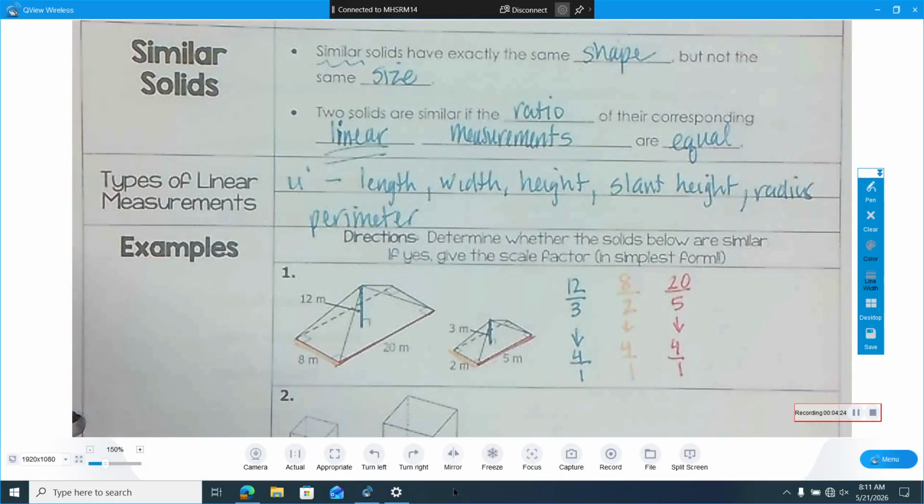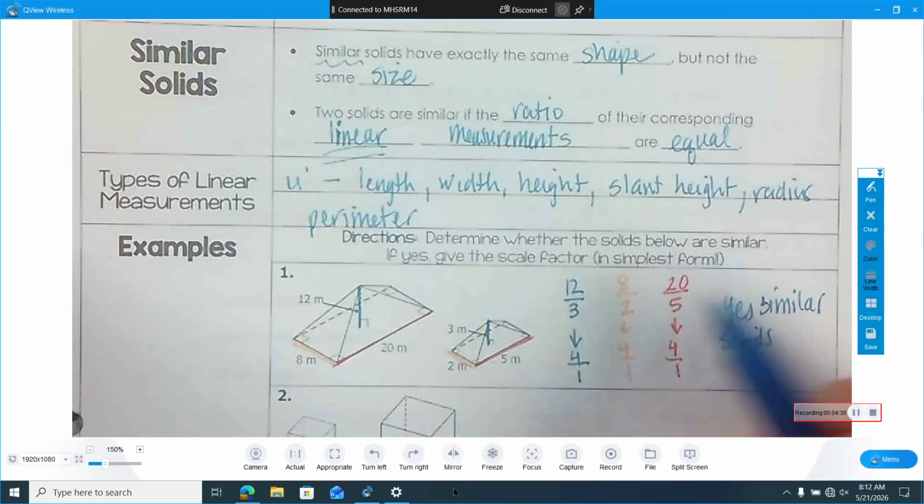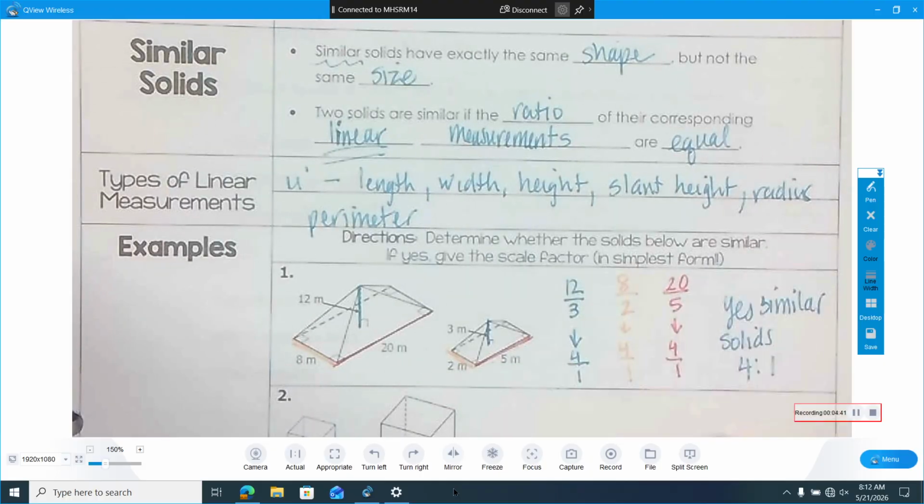Are all of their length measurements proportional? Then yes, they are similar solids. The scale factor in simplest form is 4 to 1.